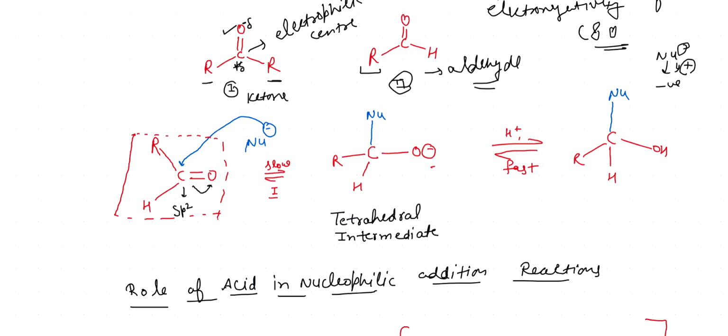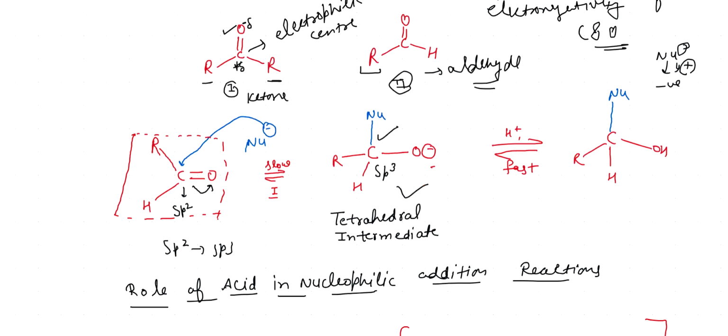Then oxygen will acquire a negative charge and the bond between carbon and nucleophile is formed, as shown in this intermediate, which is a tetrahedral intermediate where the hybridization of this carbon is sp3. As you can see, in the reactant the carbon is sp2 hybridized, but in the intermediate the carbon is sp3. Thus, the hybridization of carbon changes from sp2 to sp3, and a tetrahedral alkoxide intermediate is formed.